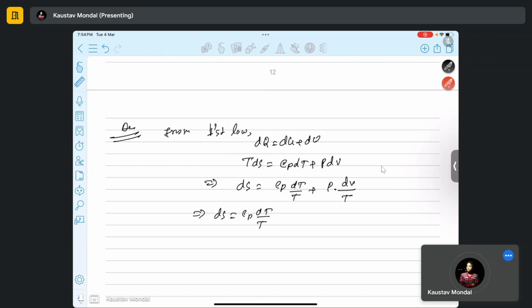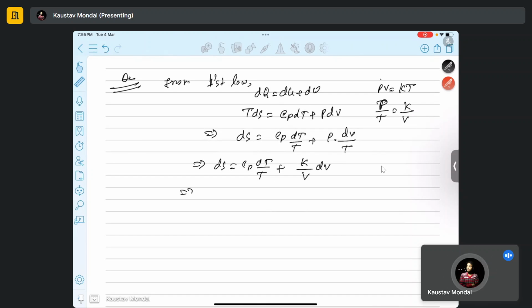Now here we know from Charles' law PV equal to KT, right? So we can write P by T as K by V. We can write it like this, K by V into dV.